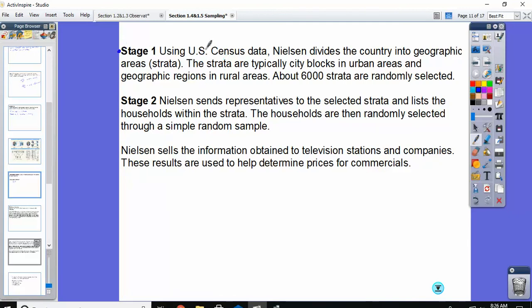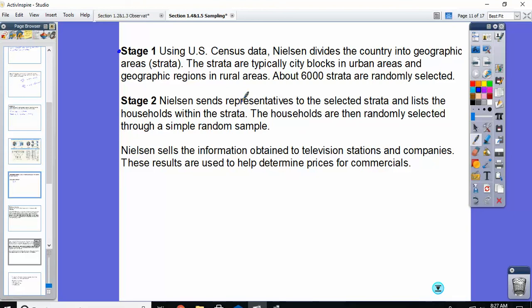The first step, they took the data, divided the country into regions, and basically stratified it. They got different strata, like city blocks or geographic regions, and took those. So they did start out stratified. They broke them into non-overlapping groups.